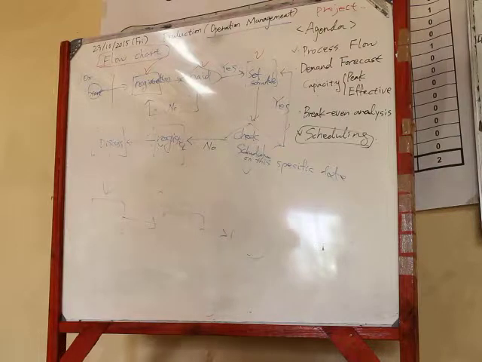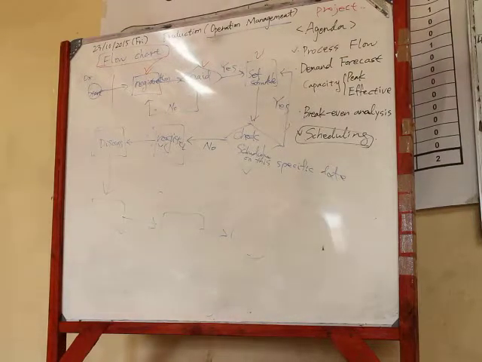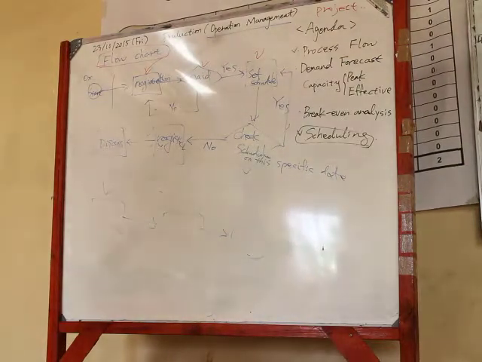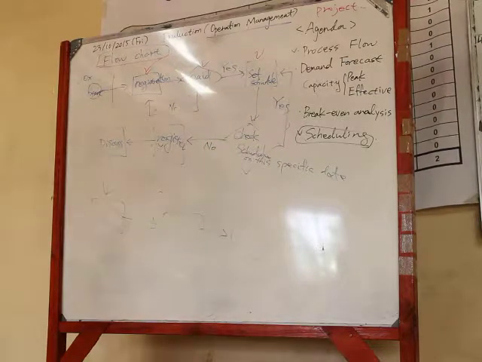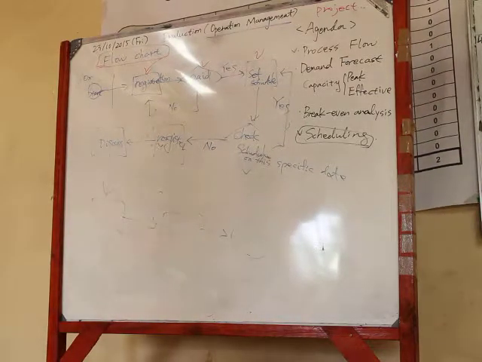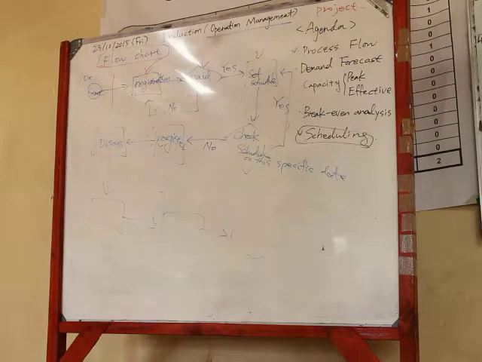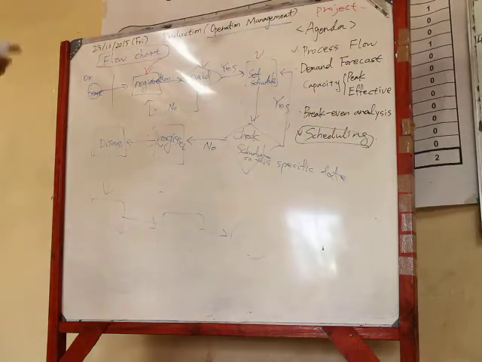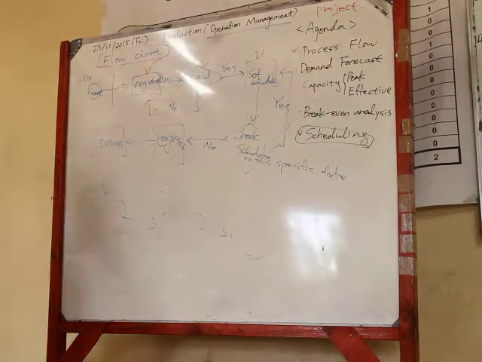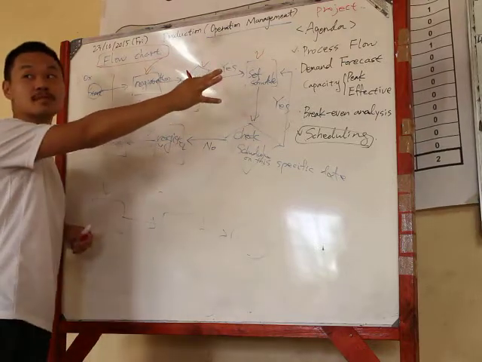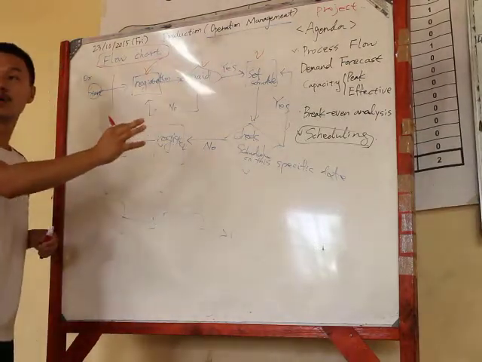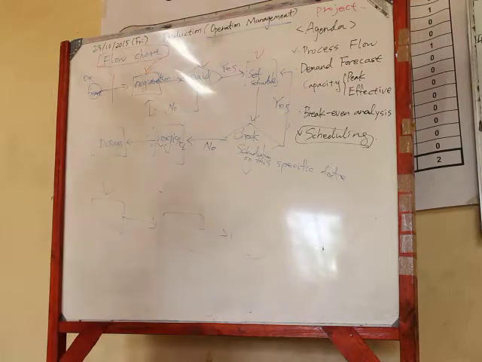When you go to some company, normally you look at how the current situation is. To look at the current situation, you draw this flow chart, and you try to see whether there is some problem or some room you can improve.